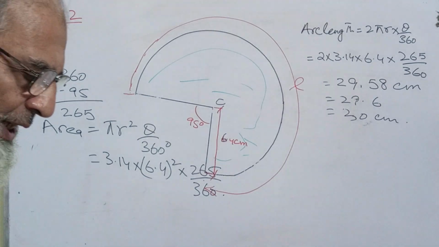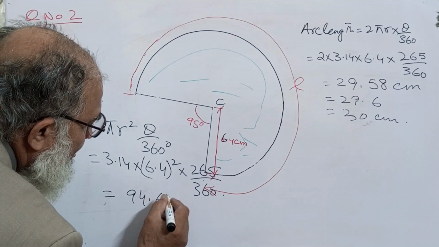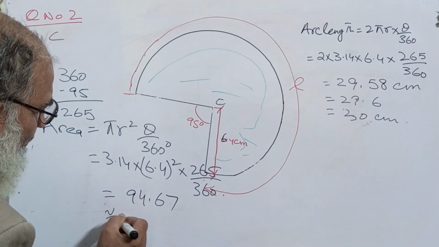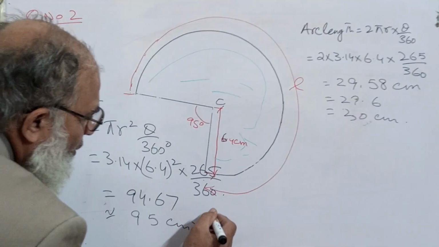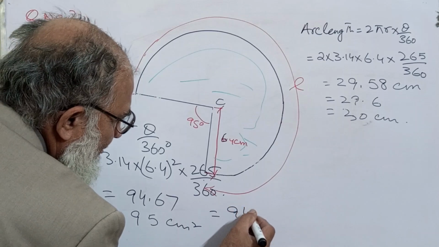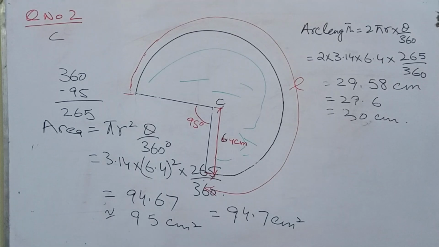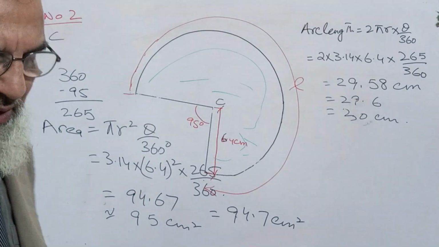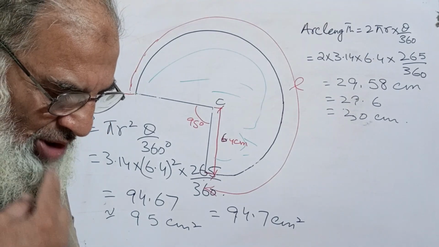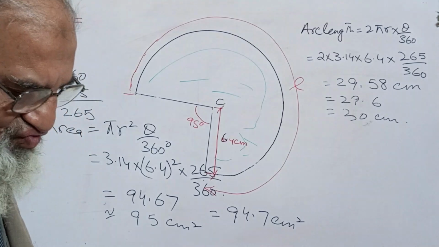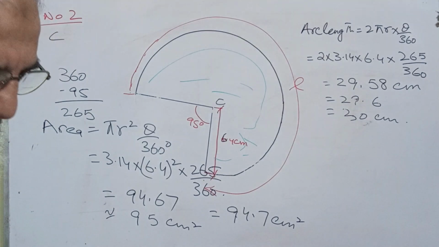So this will become 94.67, or equal to 95, you can say, centimeter square, or the rounded answer is 94.7 centimeter square. All the answers are correct as the book says you to do. My dear students, I've already done find the perimeter. Okay, now the whole story of question number 2 is ended.